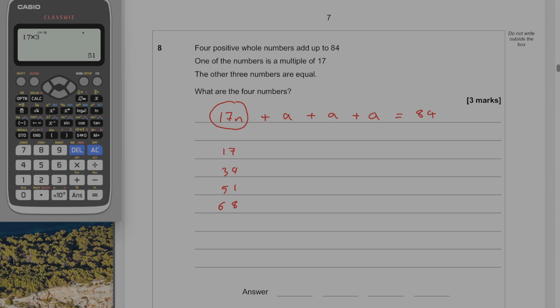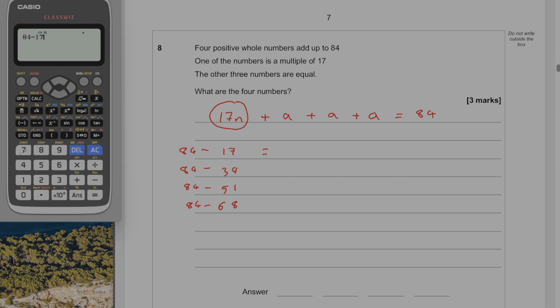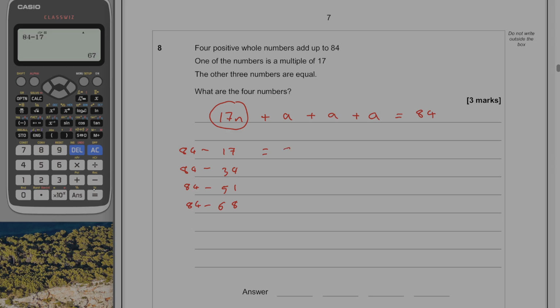So what I'm going to do is take away that from 84 and see if the numbers are divisible by 3. So if I do 84 minus that, 84 minus that, 84 minus that, and then if I need to carry on, 84 minus that. So first of all, 84 minus 17 is going to give me 67, which isn't a multiple of 3, so it can't be that one.